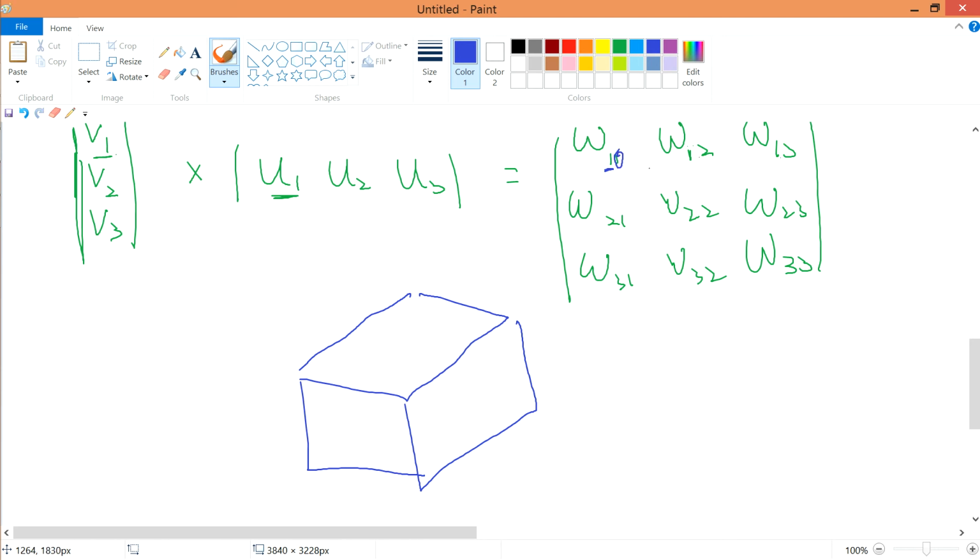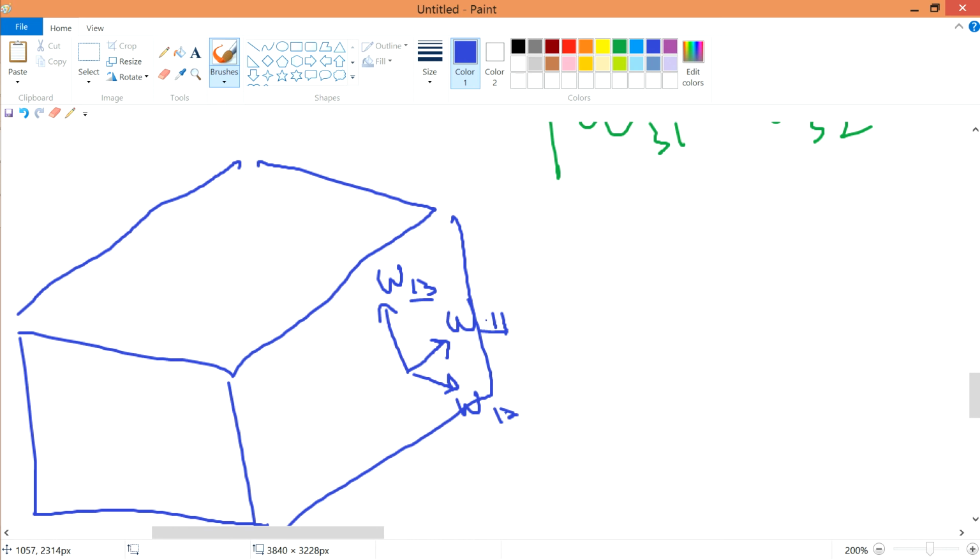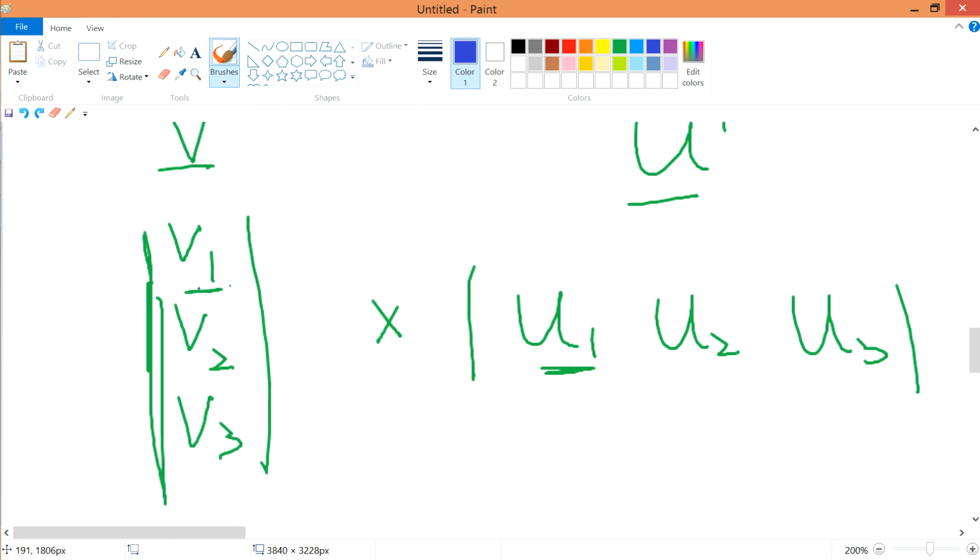So I would say that the force along u1 is acting on the surface area of v1, and therefore this is w11. So I have w13, w11, and w12, based on their axes, so it's somewhat like x, y, and z, where 1 is x, 2 is y, and 3 is z, for example v1, v2 and v3.